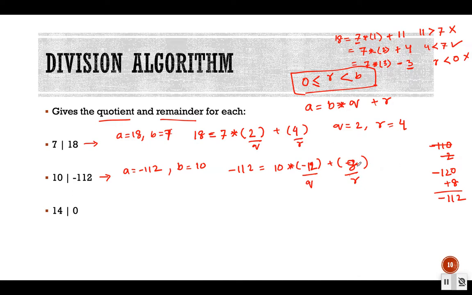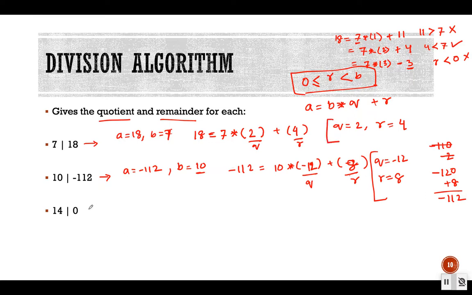That is my correct answer, because I cannot make it minus 13, in which case r would be greater than b. So q equals minus 12 and r equals 8. Remember, r has to be a positive number between 0 and less than b, less than 10.